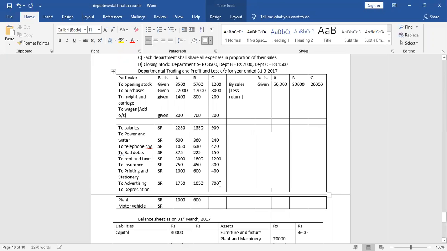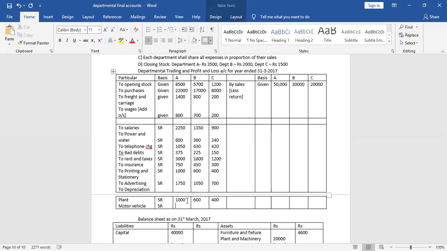1600 and 400. We have already done this. Printing and stationery was also 2000, so we have already divided it in the sales ratio. Now divide 4000 in the sales ratio, 5/10, 3/10 and 2/10.